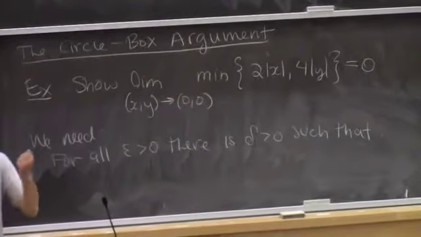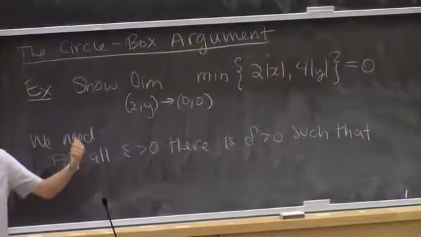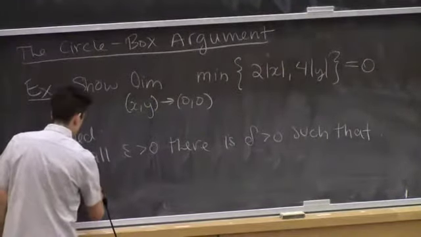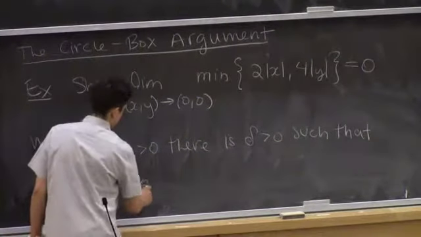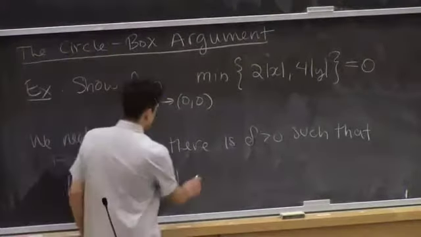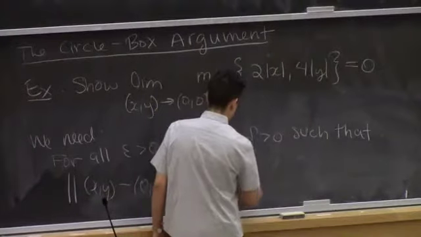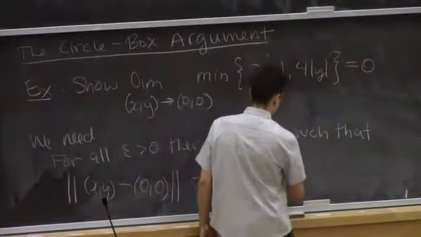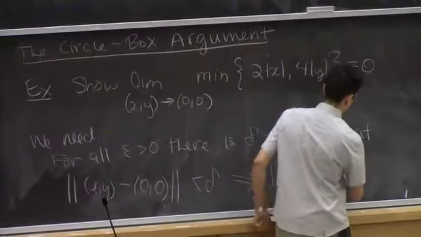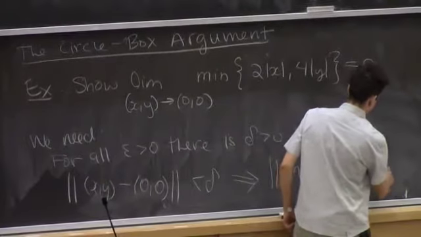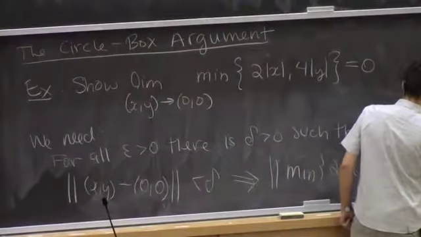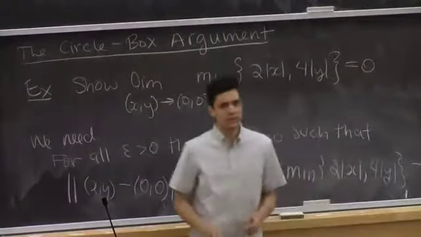Okay, so we need one of these epsilon delta pairings again. So we need that if the distance from 0 is less than delta, then this is less than epsilon.